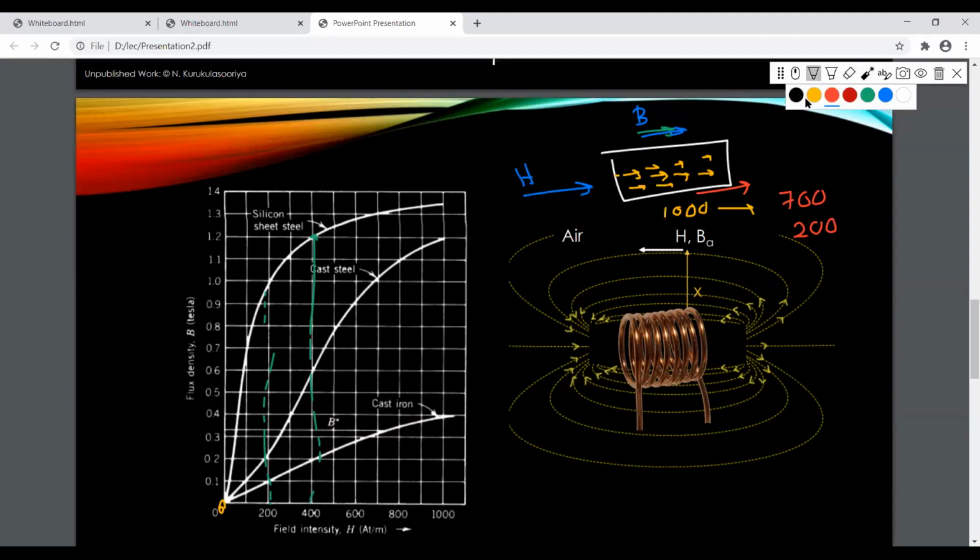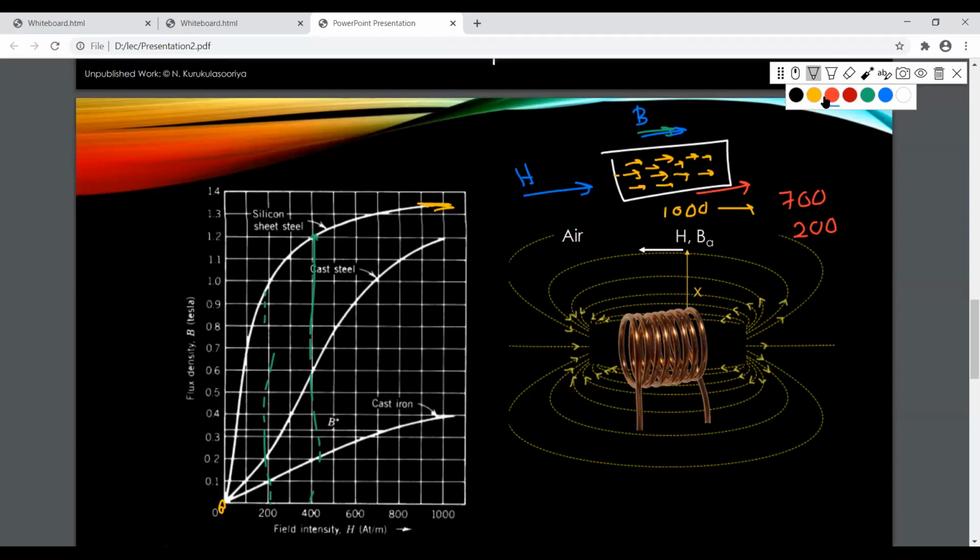And what is the reason for this declining at the end? The reason behind is, at a point like this, you are going to use all the magnetic domains it has.